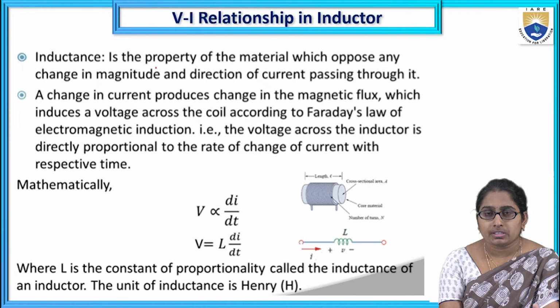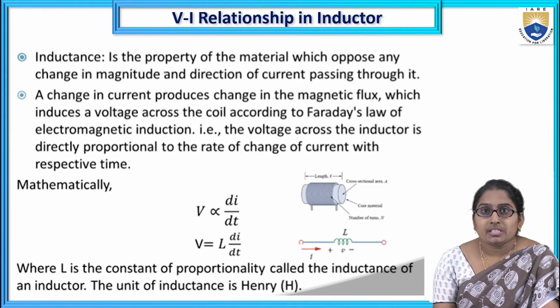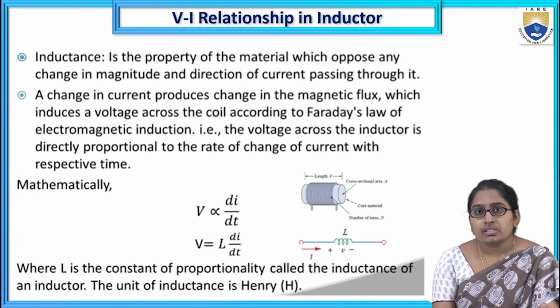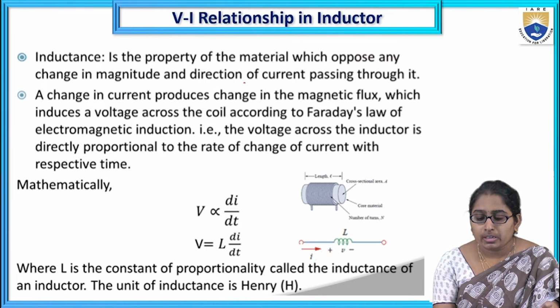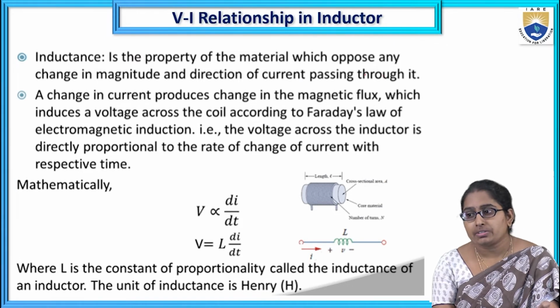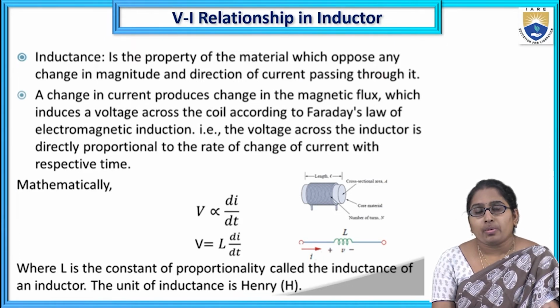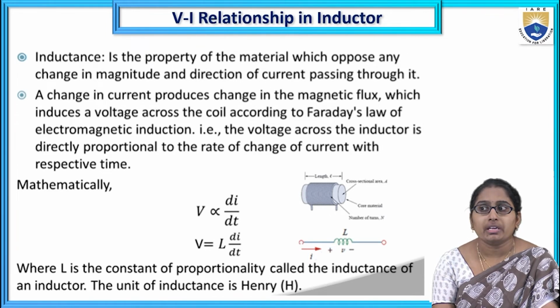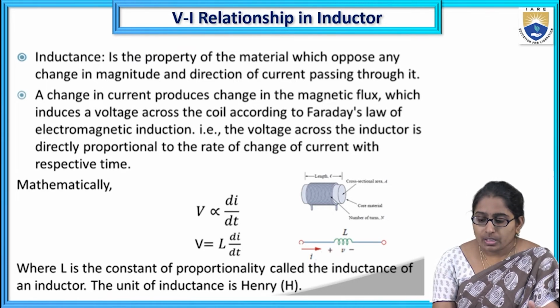Look at the first two lines: inductance is a property of the material which opposes any change in magnitude and direction of the current flowing through it. That is the actual definition, and we have to remember this.